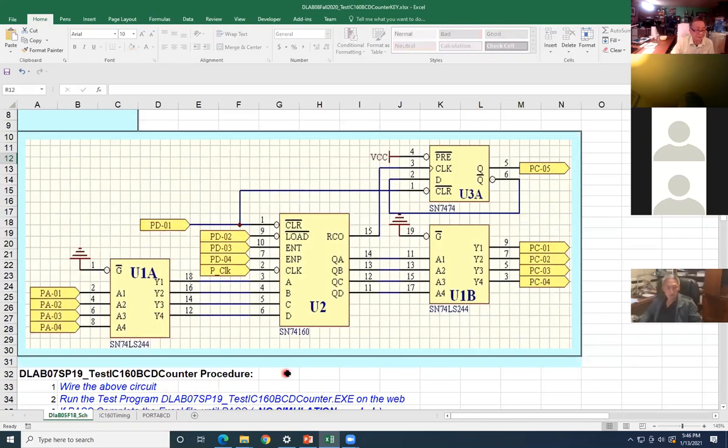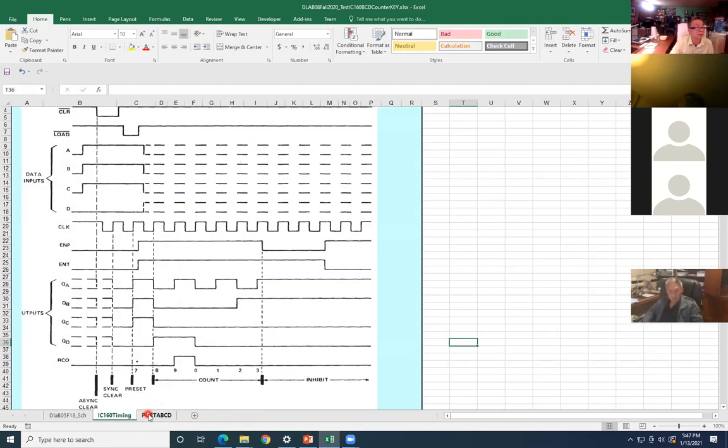Hey, Mr. Farrell, and the last thing on that, what was that inhibit part? The inhibit, down the bottom to the right. The inhibit part here, they don't care. That means they keep going 3, and they don't want to draw more. Okay?